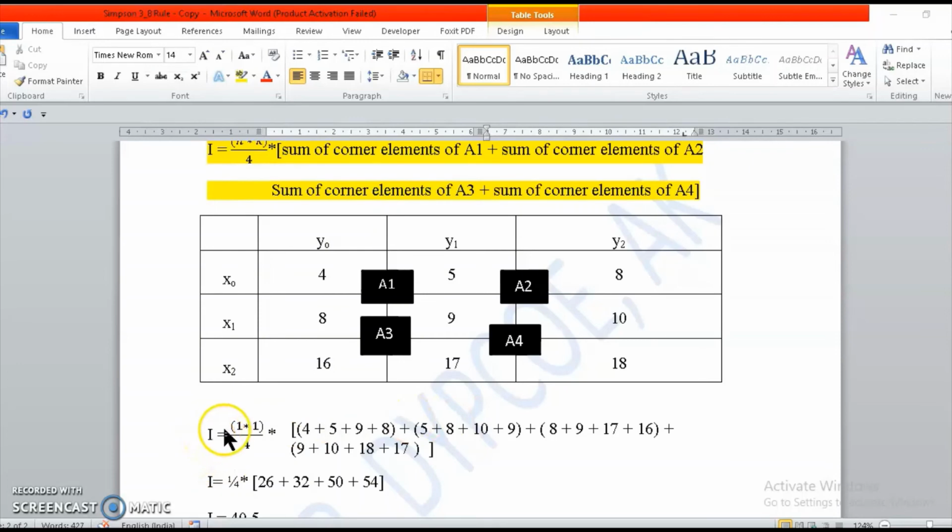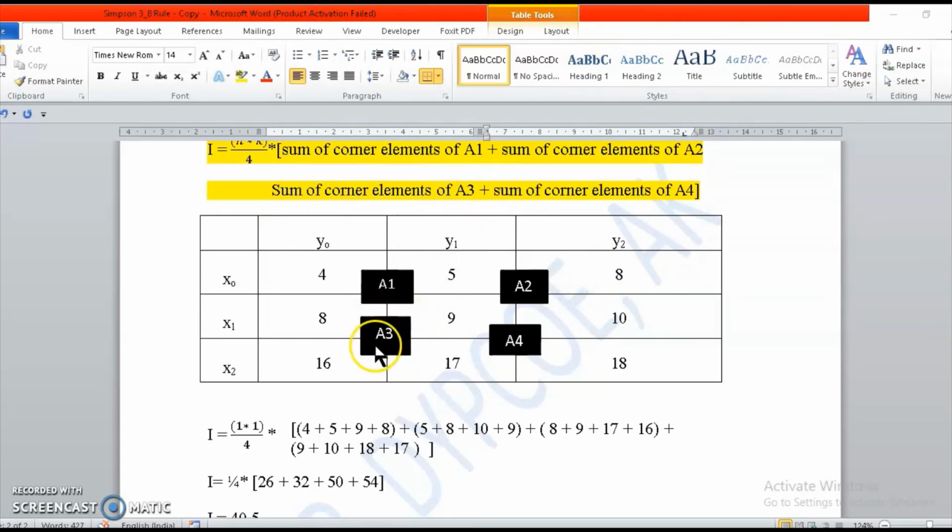Okay, so let us try to solve this. I equals the value of h is 1, k is 1, divided by 4, into the sum of corner elements of A1. A1 is here and the corner elements are 4 plus 5 plus 9 plus 8. Then plus the sum of corner elements of A2. A2 I have marked here and the corner elements are 5 plus 8 plus 10 plus 9. Similarly, the sum of corner elements of A3.